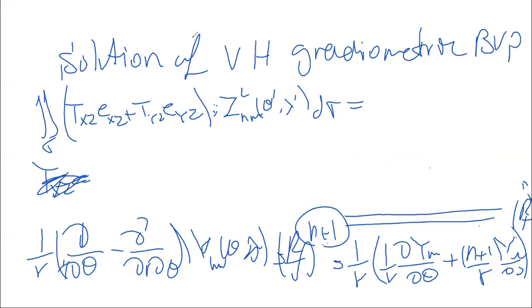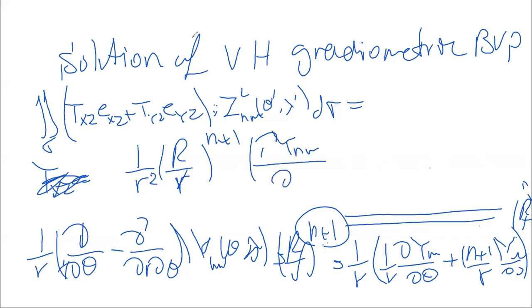It will be 1 over r, n plus 1, then it will be this r², I would say, then Y_nm θ multiplied by n plus 2.